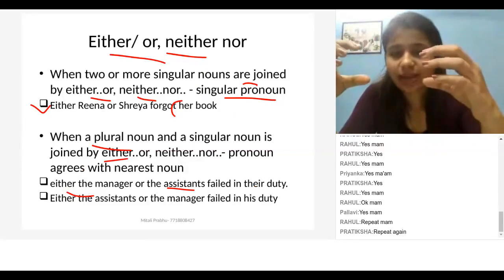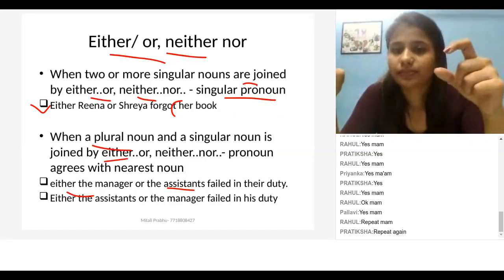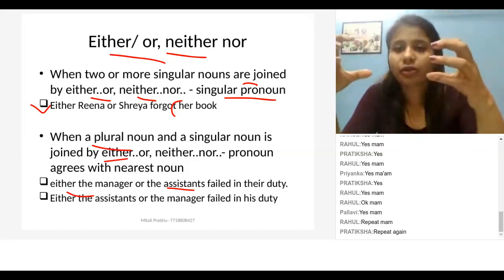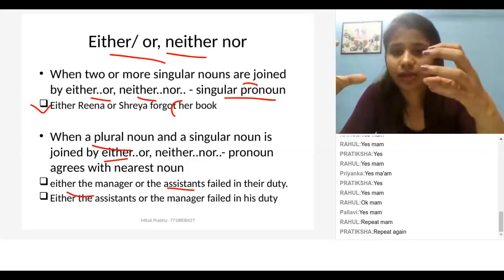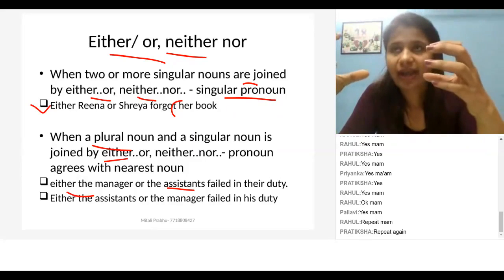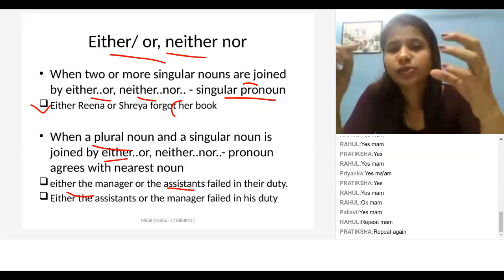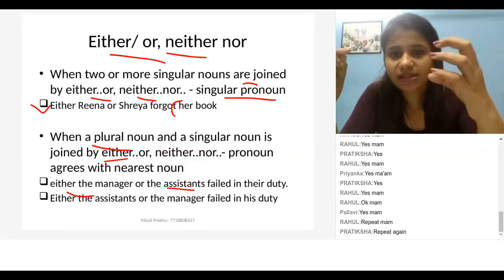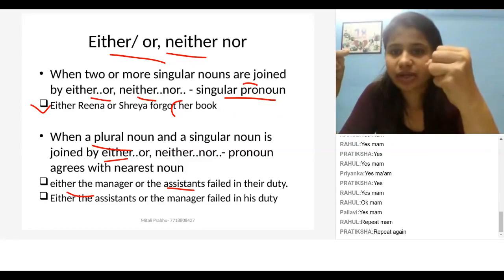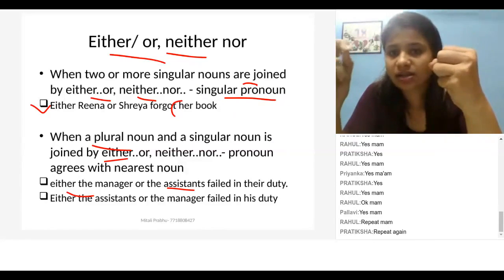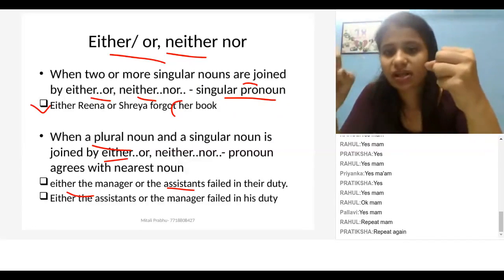Now these two things can be singular or they can be plural. Like I can have two teams, or I can have one boy and a team, and I can still use either. Because a team is a collective sense, it becomes one unit, and the boy is another set. So then I have two sets and I can use either with it.